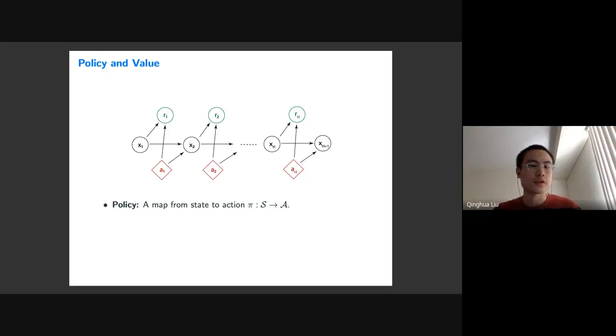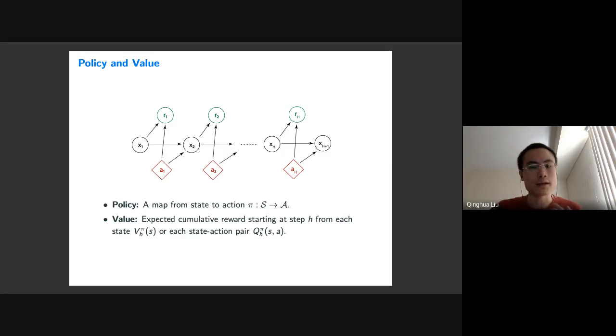In reinforcement learning, we have several frequently used concepts. The first one is policy. So it's basically a map from the state side to the action side. Because we are doing the single agent setting, we only need to consider deterministic policy. And the second one is value function. So it's defined as the expected cumulative reward.